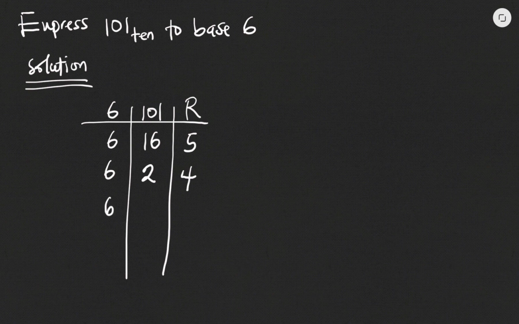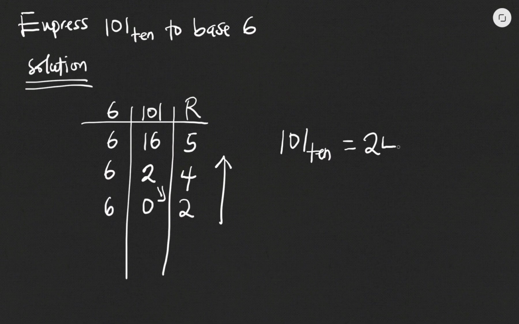And the last one, how many times will 6 go into 2? It is impossible. So I write 0 here, and then I bring the 2 as the remainder over here. So therefore, 101 base 10 is equal to 245 in base 6.